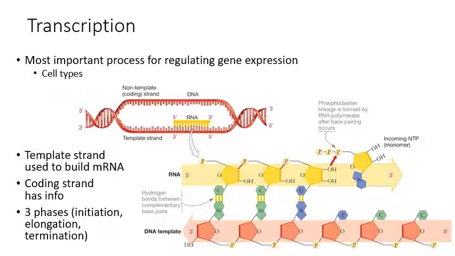They're able to be different even though they have the same DNA because they regulate gene expression differently. So each cell type is going to be using genes that it needs for its jobs and not genes that are needed for other cell type jobs. So your skin cells are not going to be using the genes for the brain cells, even though they have them. That is all accomplished using the regulation of gene expression. And transcription is super important for that.